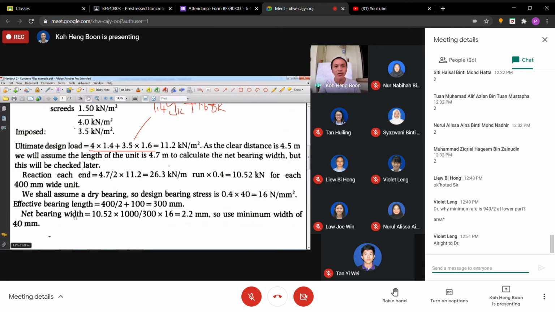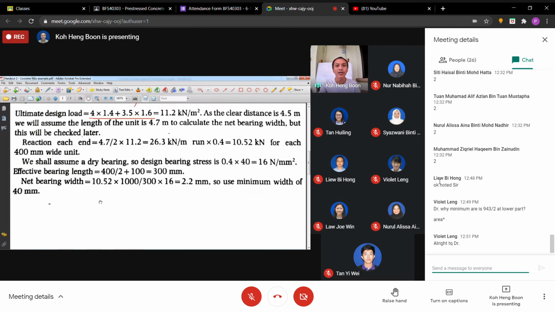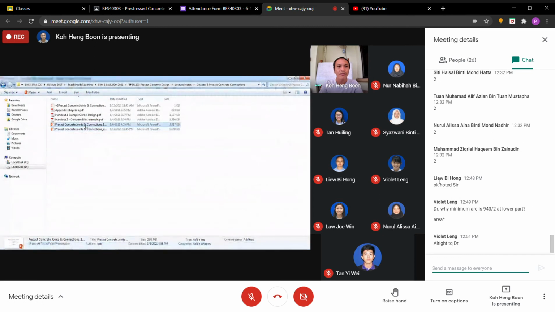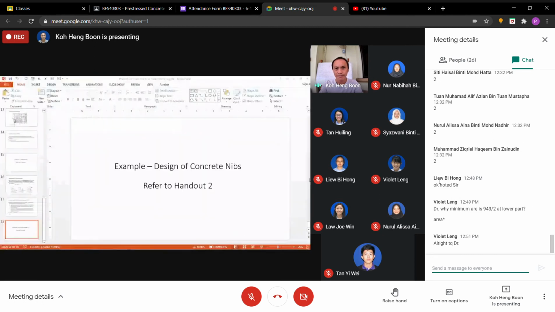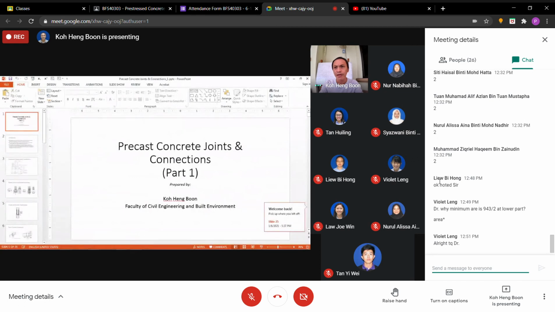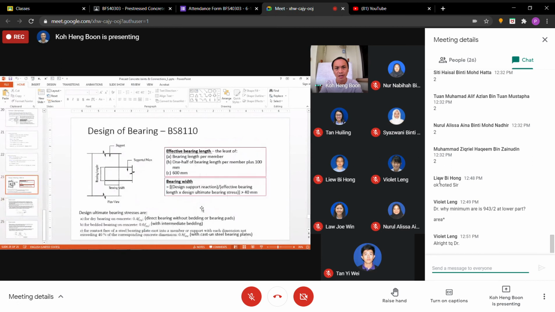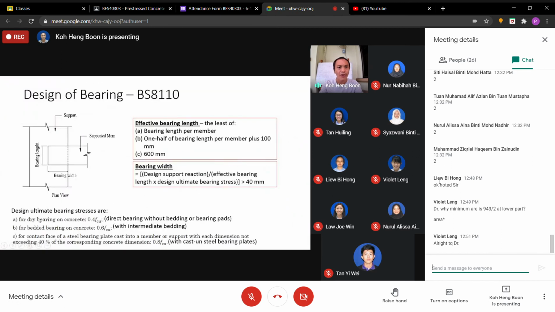Okay, so now you assume a dry bearing and so on, and this is what you have learned in the bearing. Okay, dry bearing 0.4 FCU. Still remember or not? Dry bearing is what?